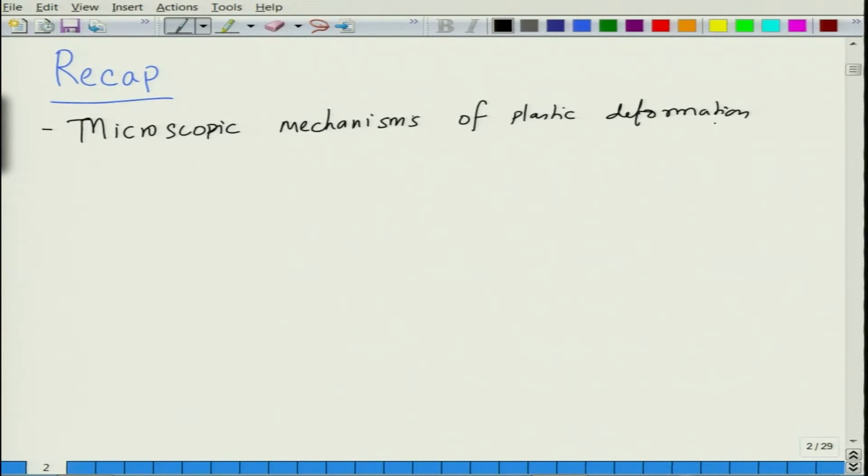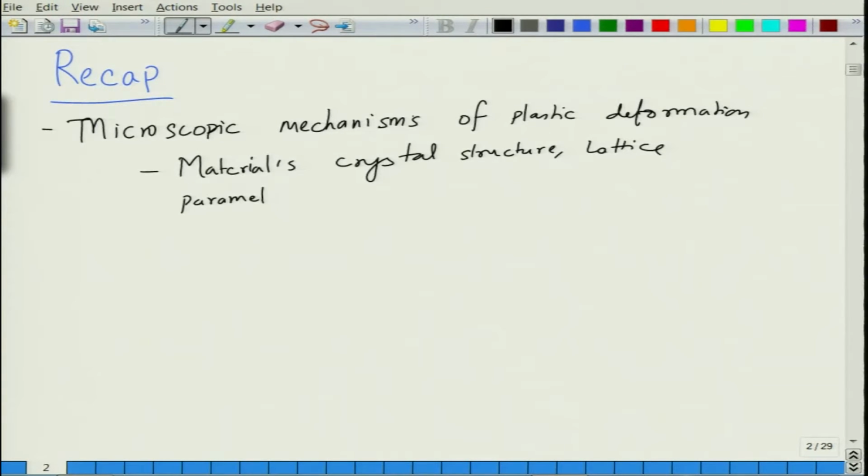We saw that if you do characterization of the materials after plastic deformation, one can see that the crystal structure, lattice parameter and volume remain constant. So, this can be found out by detailed characterization.